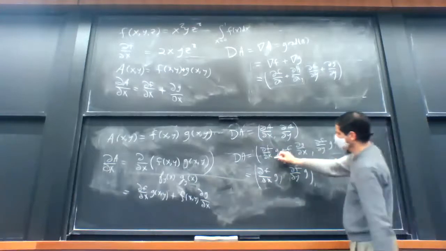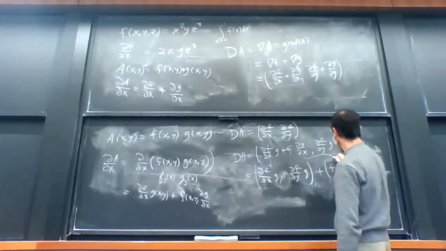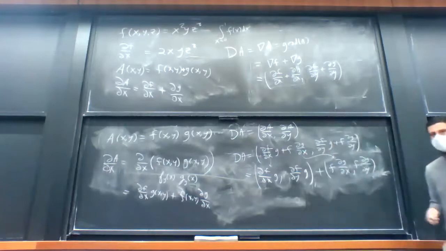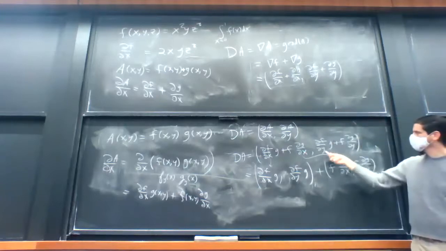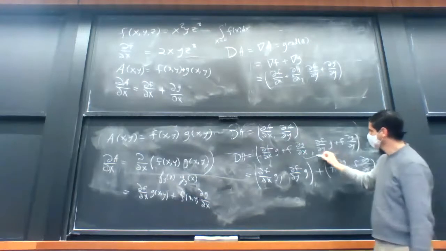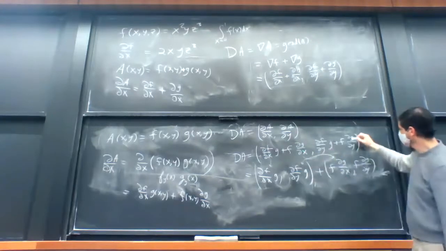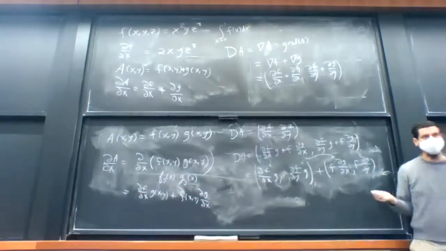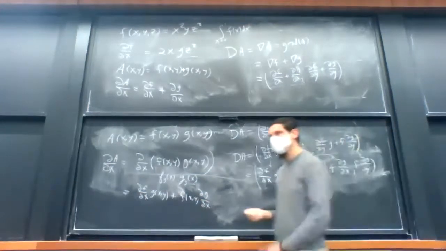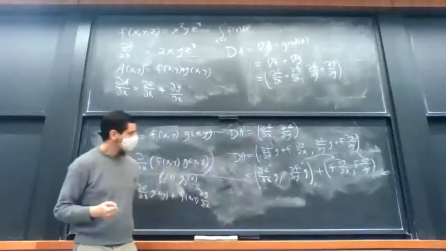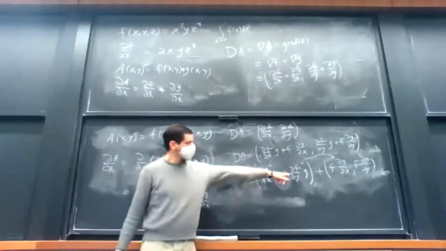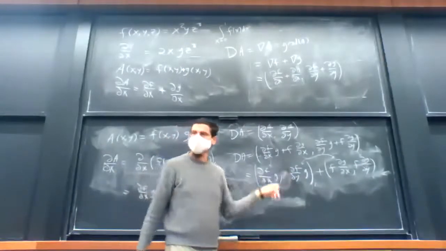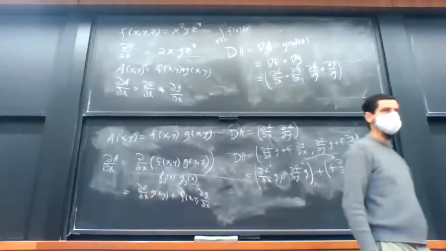I put this part in here, and I put this part in here. For the second one, df/dy g, I put that here, and f dg/dy, I put that here. I've just taken my expression and written it as the sum of two vectors. This is actually a really good thing to do. Do you notice anything in common in the first vector, the two components?